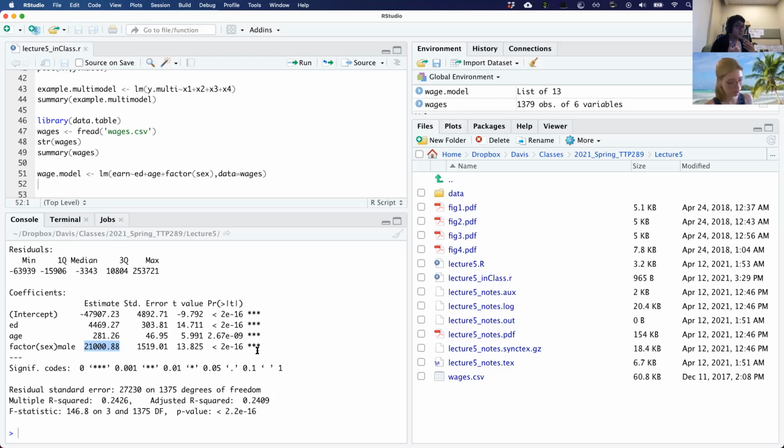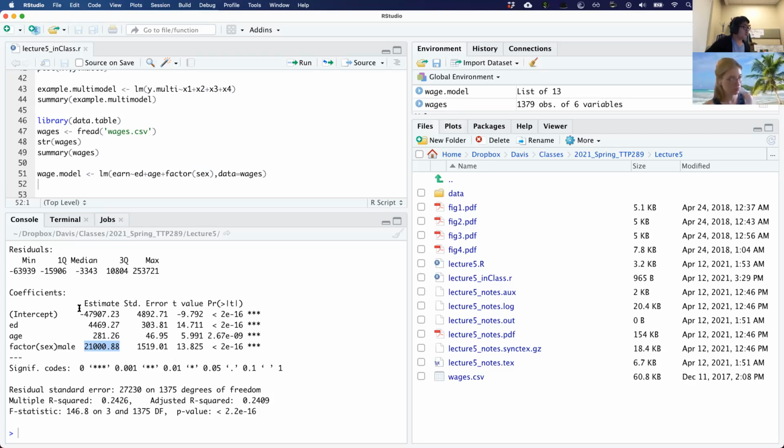And this actually means, well, what about if you're a female? It's not listed here. And that's because the intercept acts as the default value for the gender and for any categorical variable.